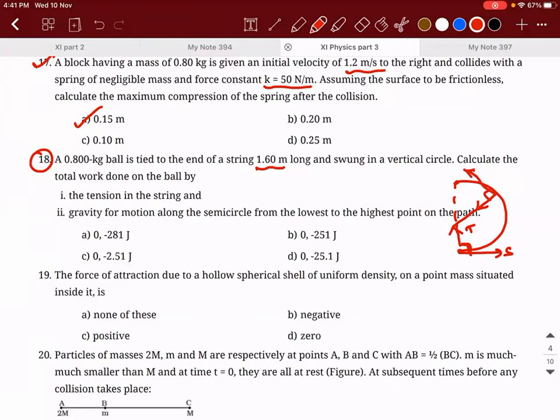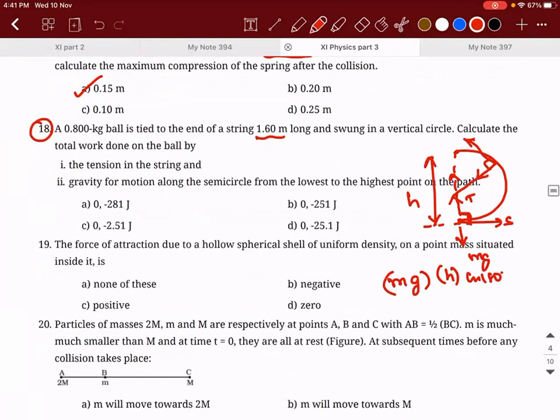Now, what about the work done by the gravitational force? So work done by the gravitational force is initial potential energy minus final potential energy. So what is the final potential energy? If I take the bottom as a reference, it is mg into this height, and mg is in this direction. The displacement has taken place in this direction, into height into cos of 180 degrees. M is how much? 0.8 into g. Did they suggest to take it as 10?